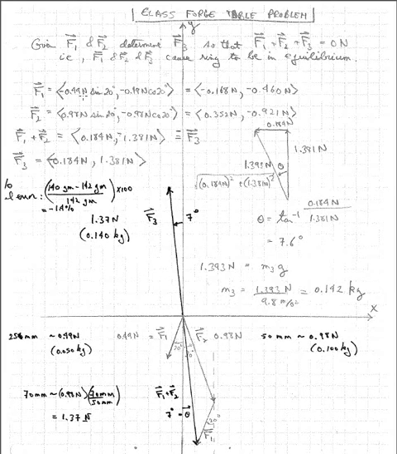So you're going to see two negatives here for F1. Sine of 20, cosine of 20 respectively for the x and the y. And the reason the sine and the cosine are switched is because the 20 degrees is with respect to the vertical instead of being with respect to the horizontal. And so that turns out to be negative 0.168 newtons and negative 0.460 newtons. Just do the math on your calculator.